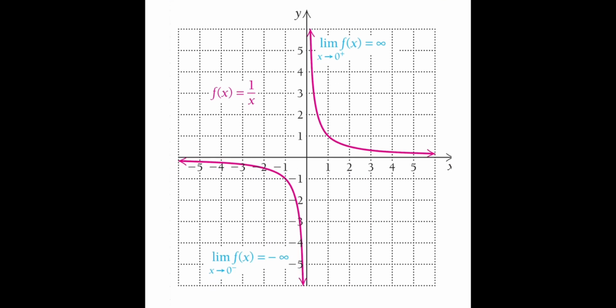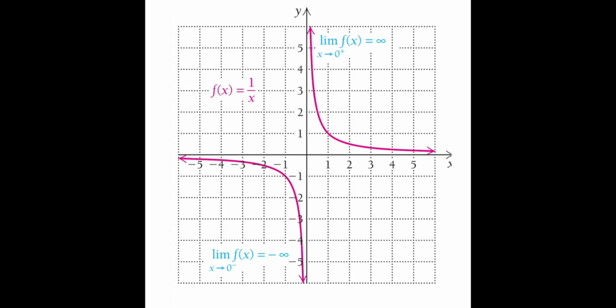Let's take a visual look at this graph. As x approaches 0 from the right, with the x axis and the y axis here, we can see that the function value y approaches infinity. We can also see that as x approaches 0 from the left, the function value y approaches negative infinity.